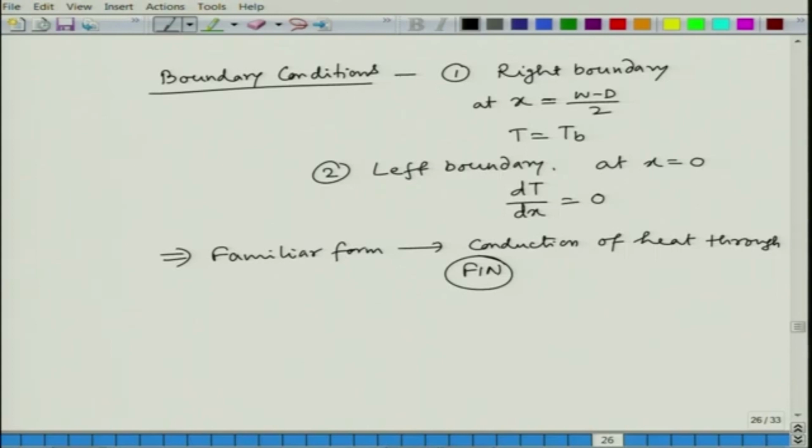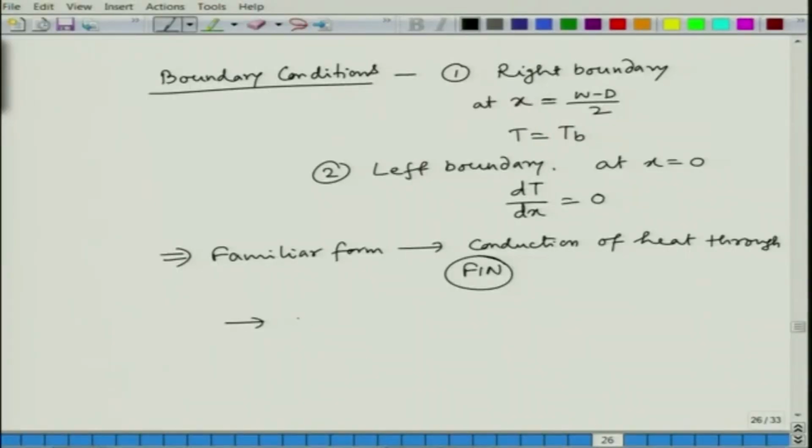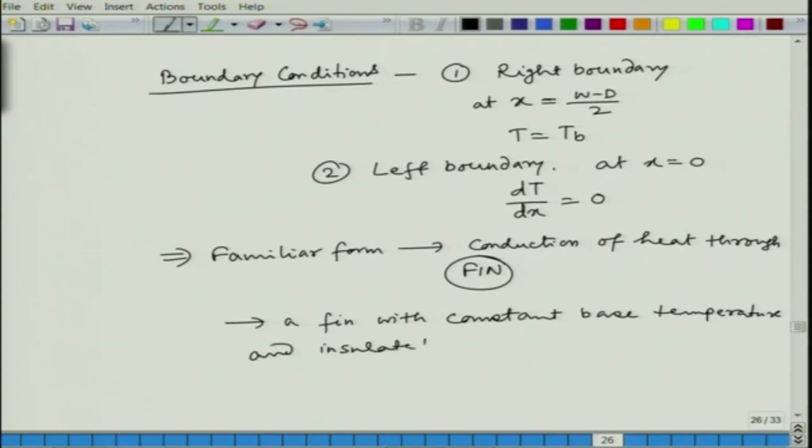The same, or similar I should say, because the symbols and exact expression will be different, but the same mathematical form of governing equation and set of boundary conditions you have seen for a fin with constant base temperature and having an insulated tip.